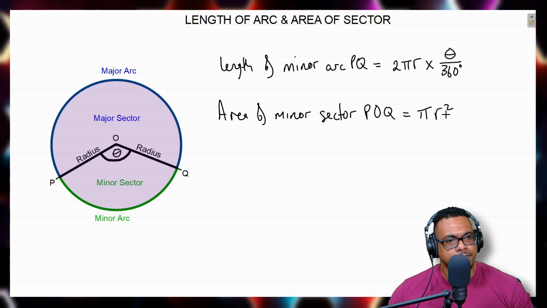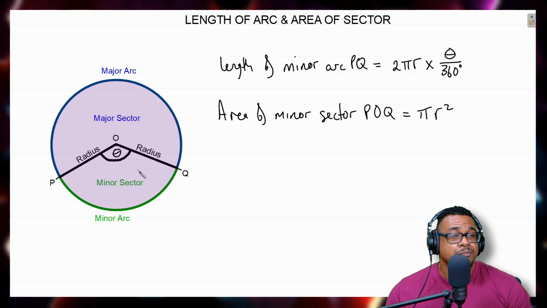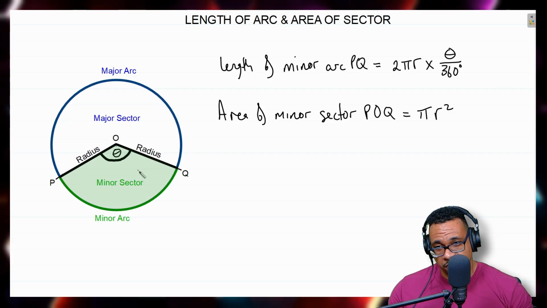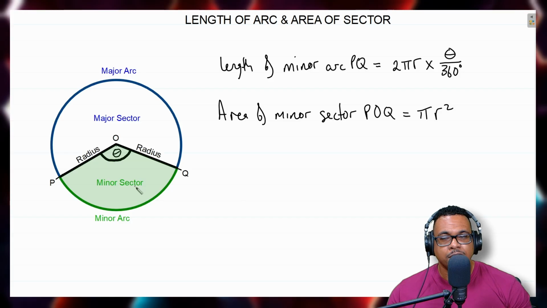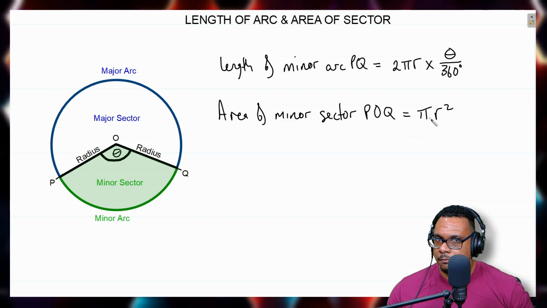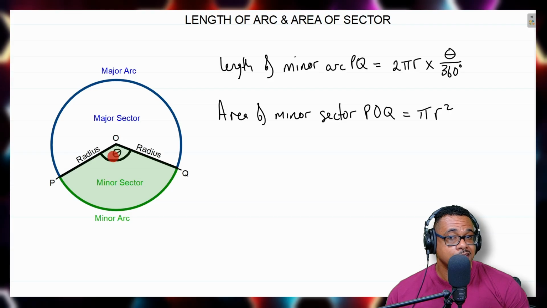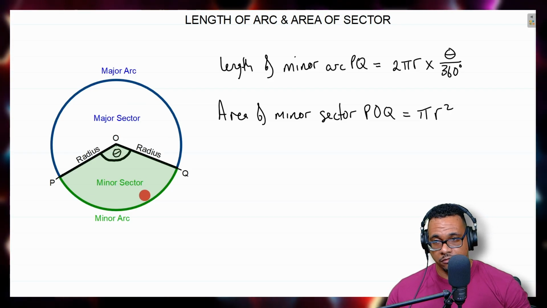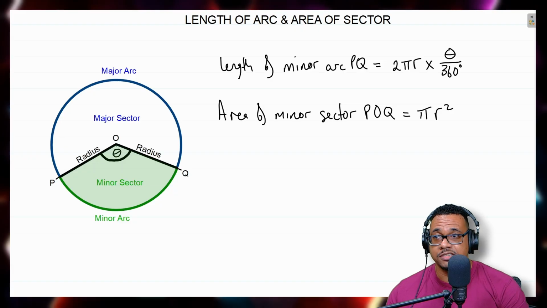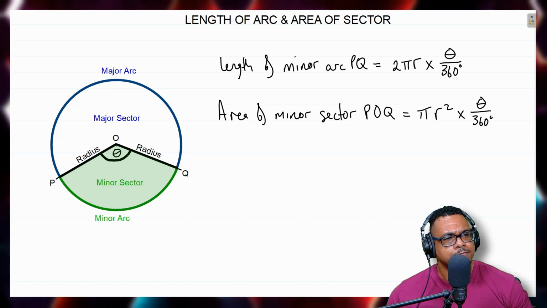So that's the entire area. But remember, we want a piece, which is a fraction of the entire area of the circle. And to get that fraction, we have to multiply the entire area of the circle by a proper fraction. And that proper fraction, again, will be theta, whatever this angle is, out of the whole revolution, which is 360 degrees. So multiply by theta over 360 degrees.